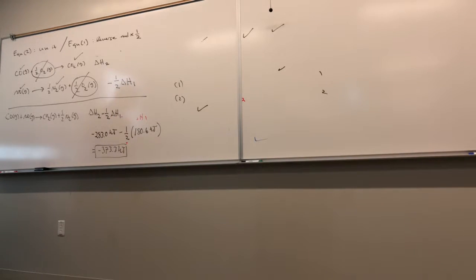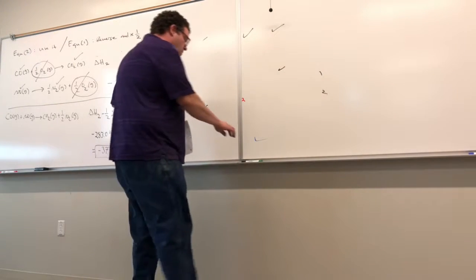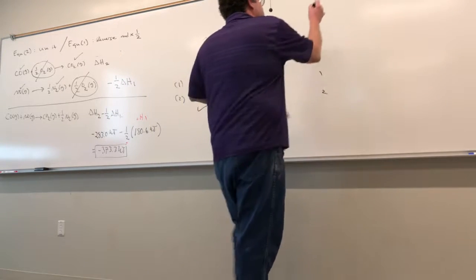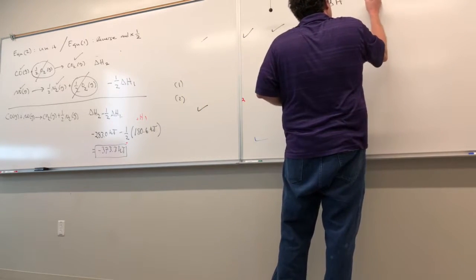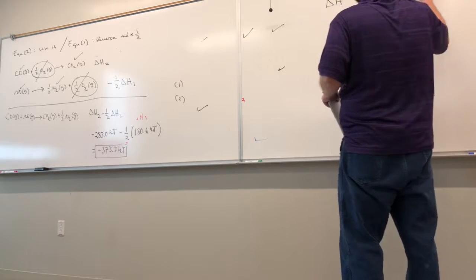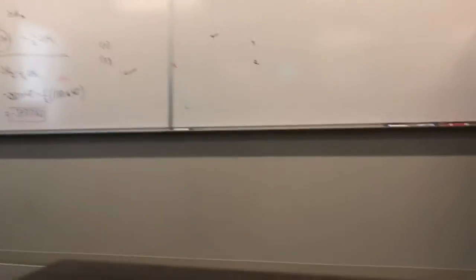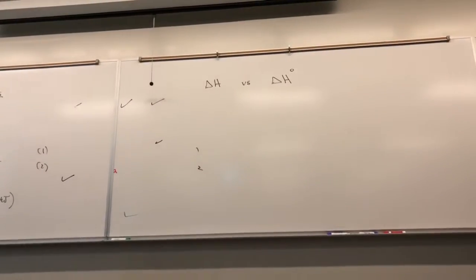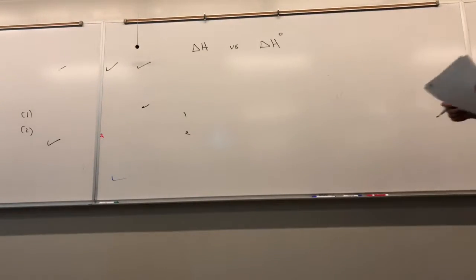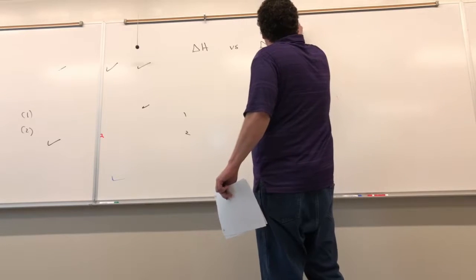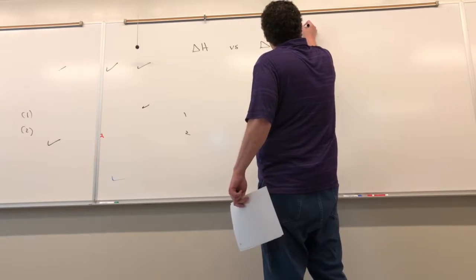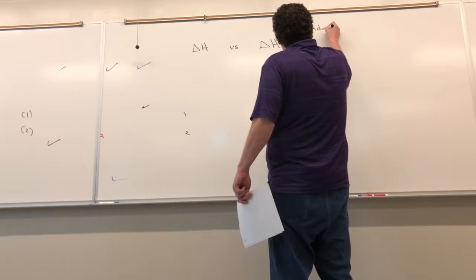Okay, well, one of the things that you will notice in this chapter is you will oftentimes see delta H values given, and sometimes you'll see delta H with a little degree symbol above it, okay, with that O. Now, that's something I want to mention. Whenever you see this right here, this is referring to something that we call standard states.